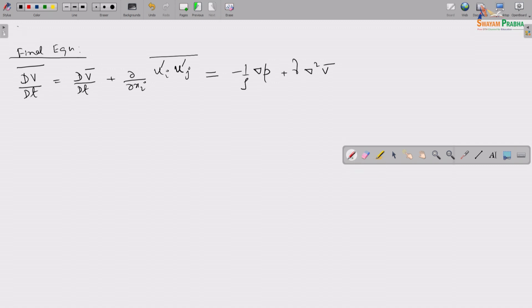So, this is a time averaged Navier-Stokes equation, right, and these are the terms that we get, right.